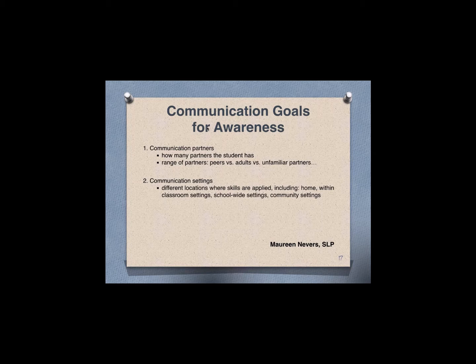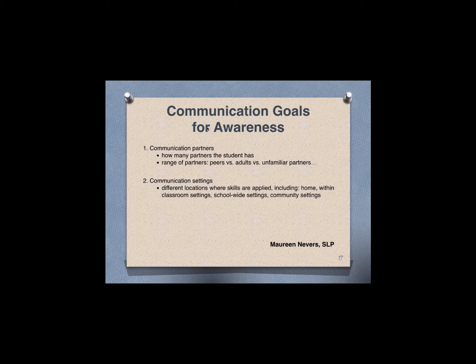We can have goals around all the different locations. Maybe in the very beginning, when we're all just finding our feet with this, the modeling is happening in the regular classroom. But then we're going to talk about when the class leaves for social studies or science, when the class goes to lunch, to music, to recess. Now we can start increasing the number of contexts or settings where the modeling is taking place.